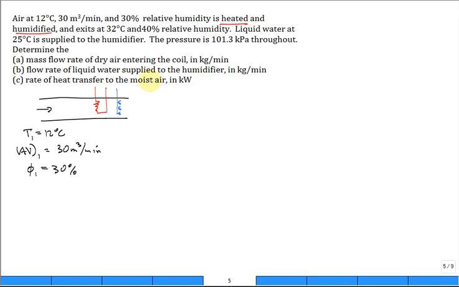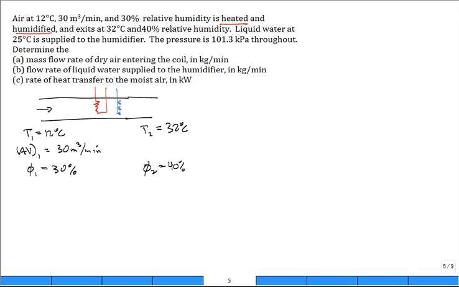It exits at a temperature of 32, so it's exiting at T2 of 32 degrees C and Phi2 of 40% relative humidity. Liquid water at 25 C is supplied to the humidifier, not saturated vapor at 25 C or saturated vapor at 100 degrees C. If you had a boiler, you could easily do that for humidification.